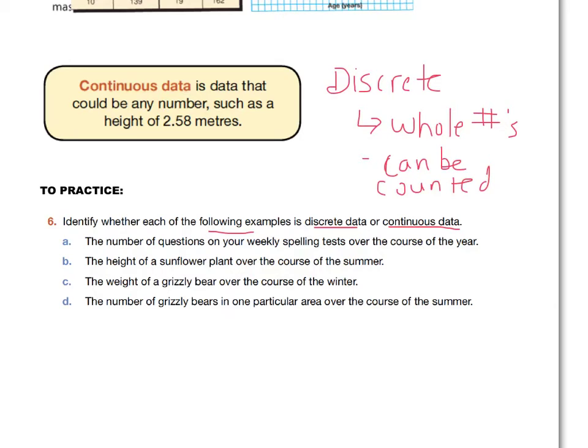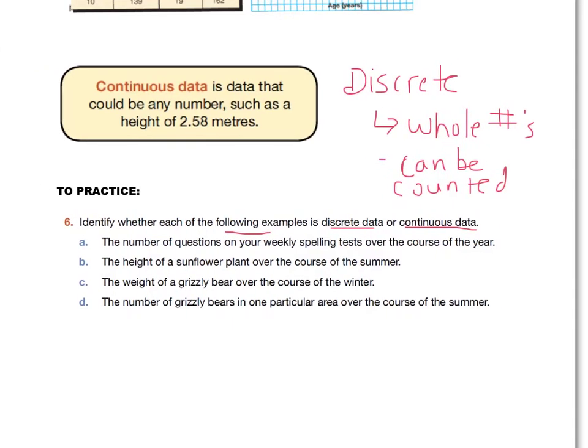All right, so let's take a look. The number of questions on your weekly spelling test over the course of a year. Well, is that going to be something that can be counted? Is it in whole numbers, or can you have 0.5 of a number in between the weeks?